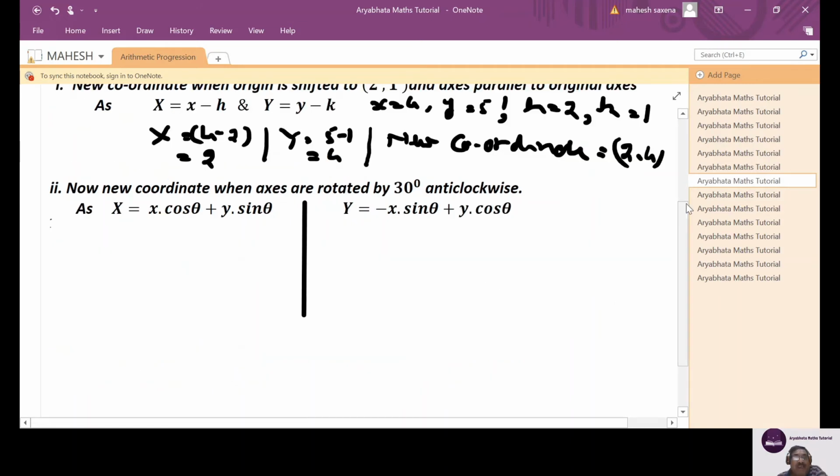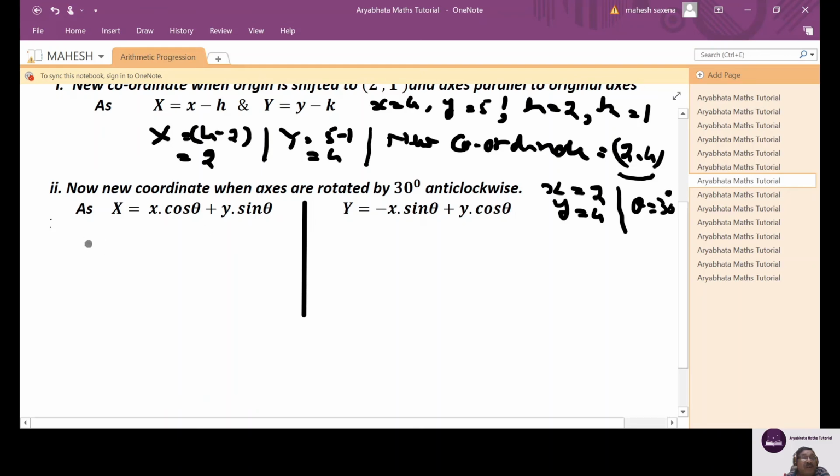Now we come to the second step. Assuming that the coordinates are (2, 4) and the axis is rotated by 30 degrees. Therefore, in this case, small x is equal to 2, small y is equal to 4, and theta is equal to 30 degrees.